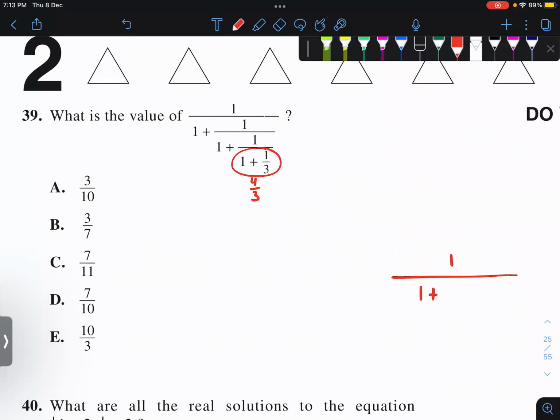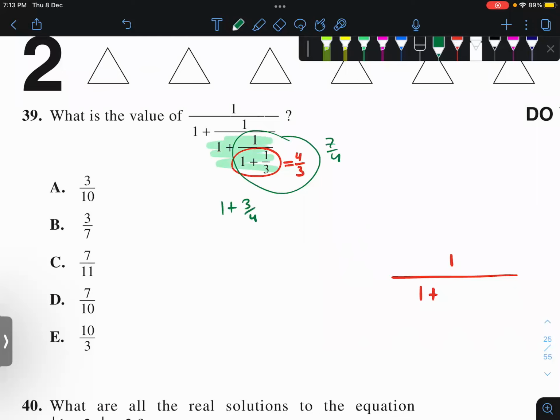But you know that 4 over 3, 1 plus 3 over 4, the whole fraction here will be 1 plus 3 over 4, which is 7 over 4. So this all will be equal to 7 over 4.